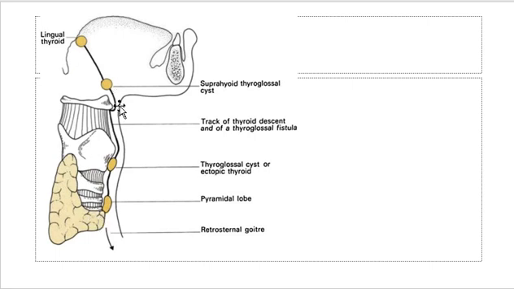So this descent line shows the possible site of ectopic thyroid tissue and thyroglossal cyst and also the course of a thyroglossal fistula. And the arrow shows the further descent of the thyroid, which may take place retrosternally into the superior mediastinum.